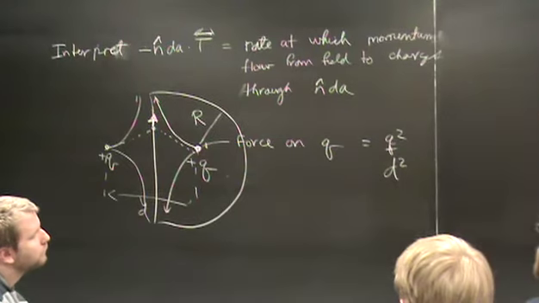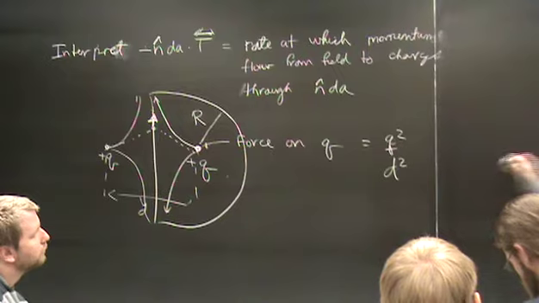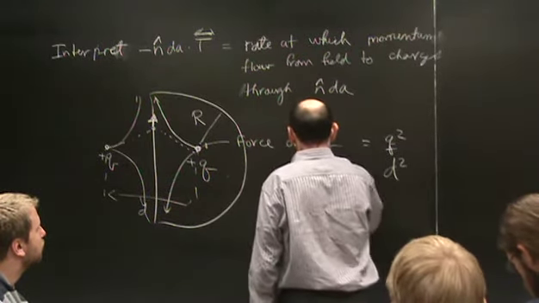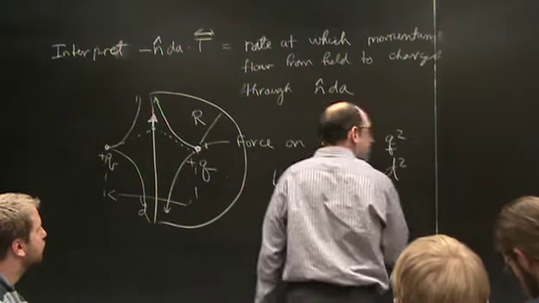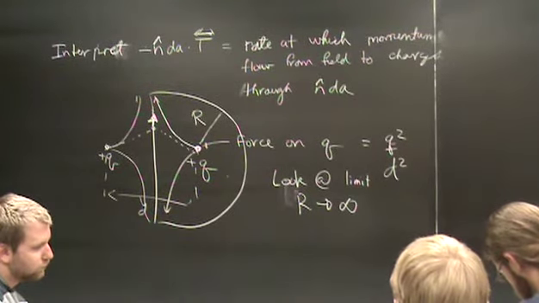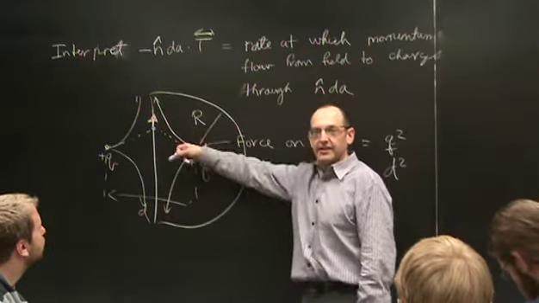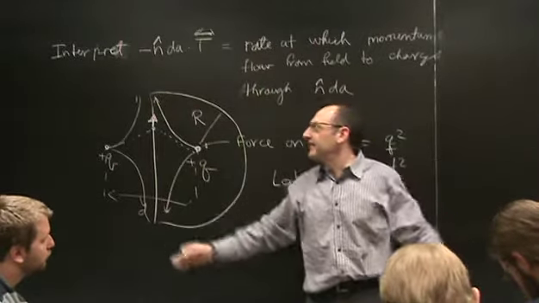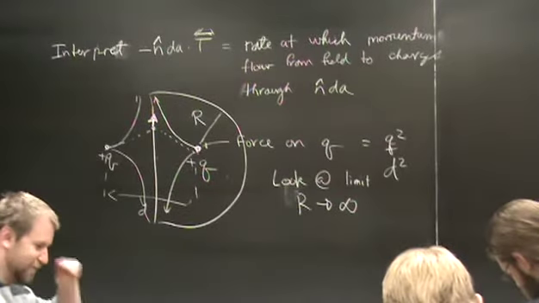But it's much easier, because of the symmetries of the problem, to just look in the limit that R goes to infinity. So, everyone understand the geometry here? This is a hemisphere, so the bottom here is a disk, and then we got the dome, and it goes off to infinity.